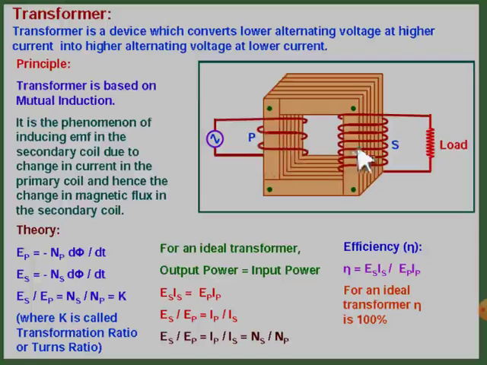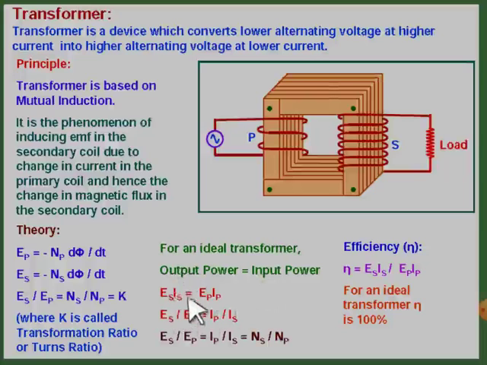What is output power? Output voltage times the output current, we call that output power. Input current times the input voltage, we call that what? Input power. So the product of your input current and input voltage is the input power. Likewise for output power also.